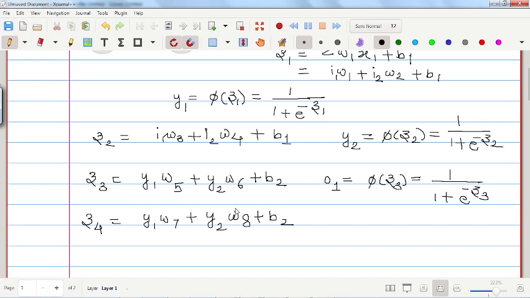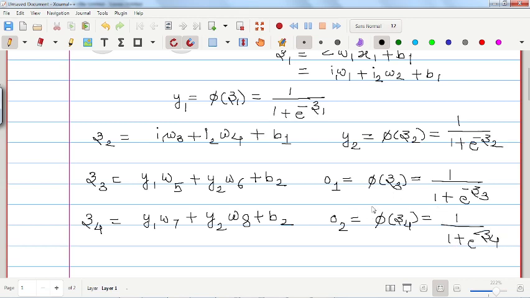All the values are given to you. Y1, Y2 you calculated, so these values only need to be substituted here. O2 equals phi of Z4, which equals 1 by 1 plus e to the power minus Z4.